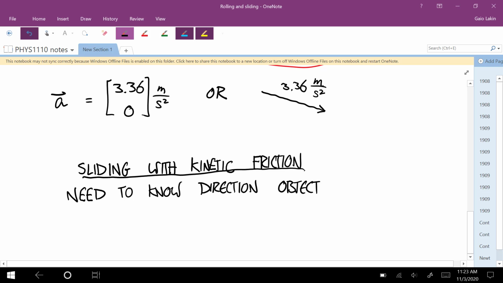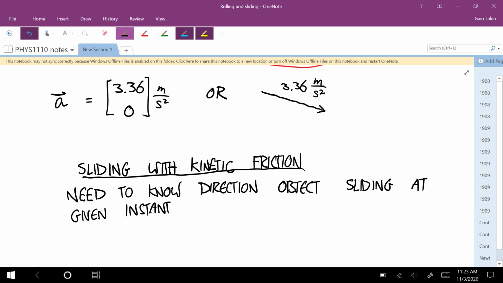In other words, the direction of the velocity vector. And the reason you have to know that is because the friction force is always going to be opposite of the velocity vector. Friction is just always trying to slow things down. So if the object is moving to the left, the friction is to the right.